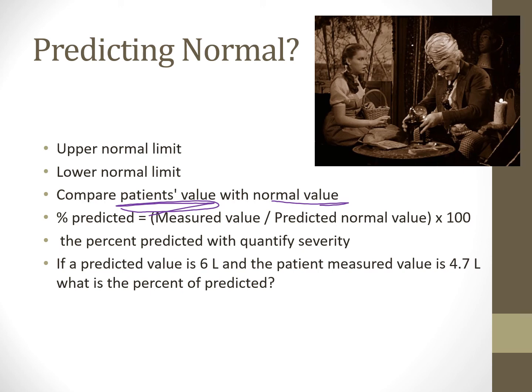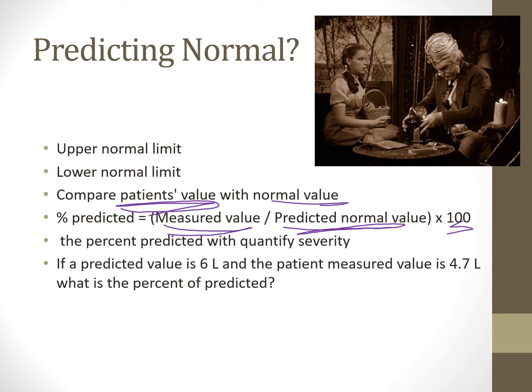You take how many questions you got right over the normal amount of questions that the test holds, and that tells you your score. Same thing here. We take the patient's measured value over their predicted value and then move the decimal over. We look at this percent predicted, which tells us the severity of the process.